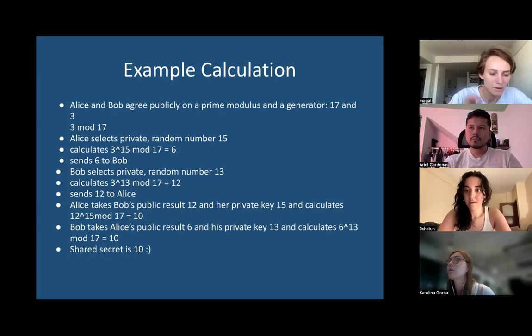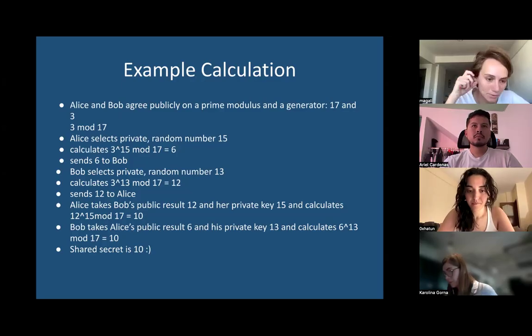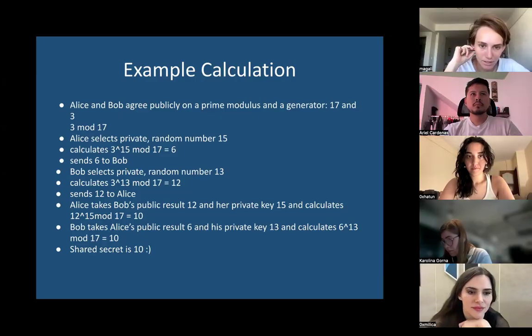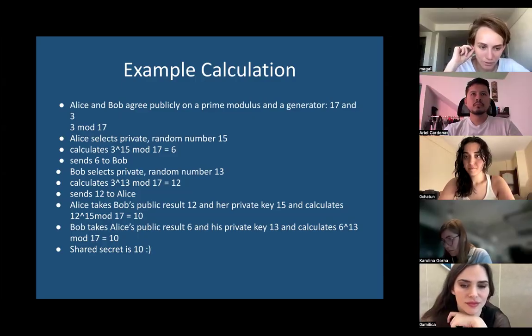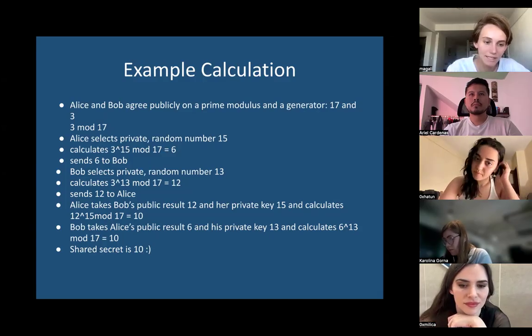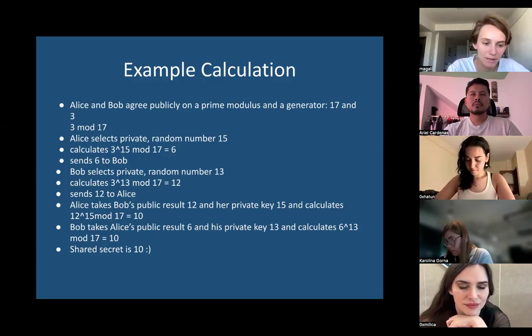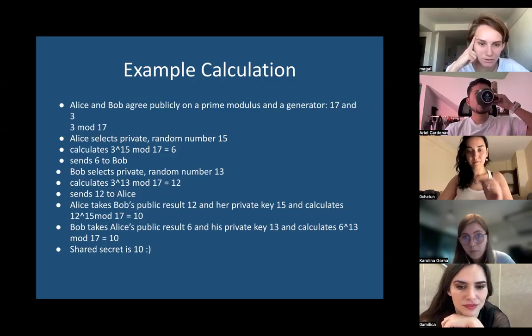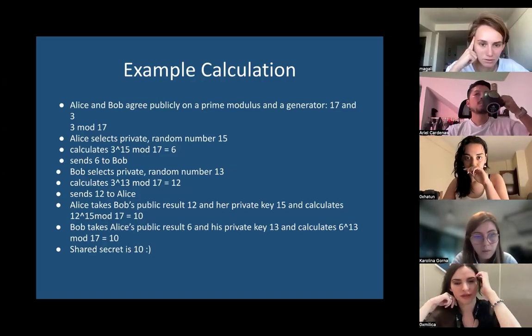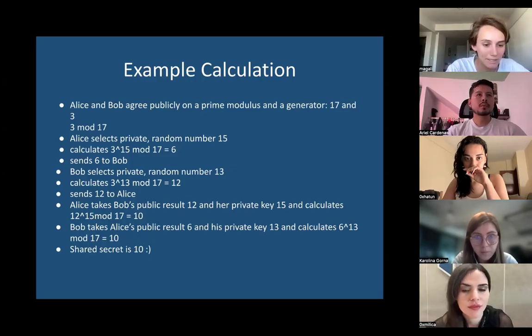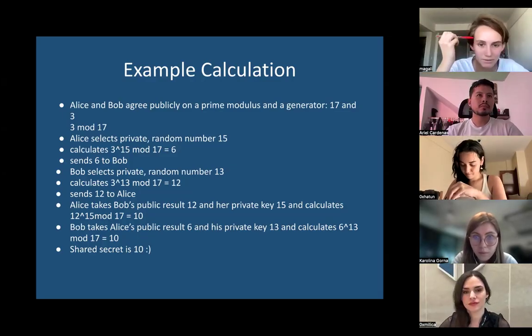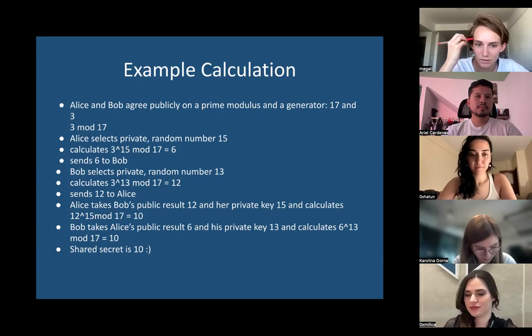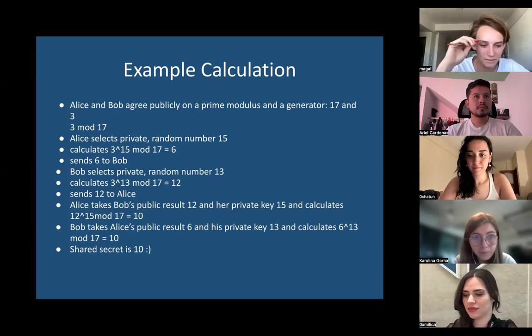I have a question. In the example, we calculate 3 modulus 17 and we get 3. But let's say we get 2, for example. When Alice calculates 3 power 15, is it the first 3, or is it the result of the modulation? When Alice calculates 3 power 15, which 3 is it?